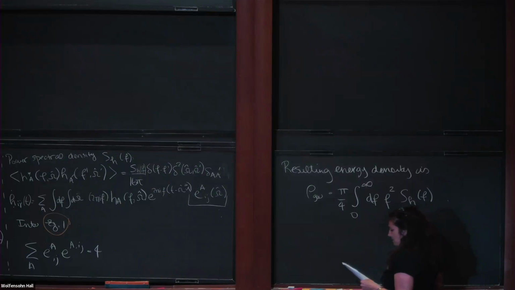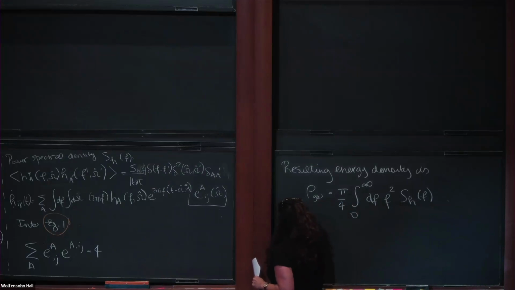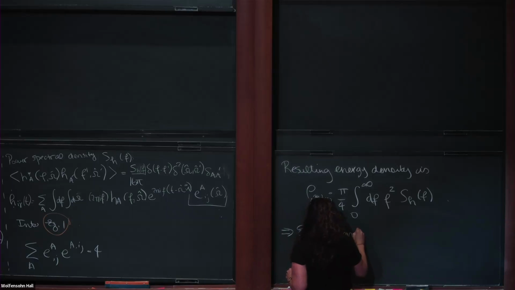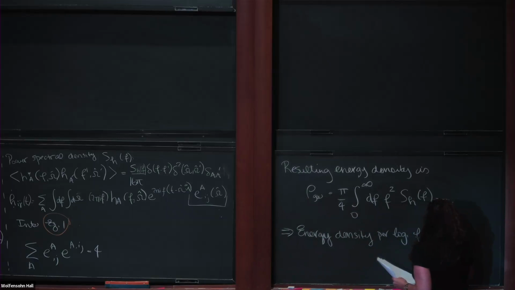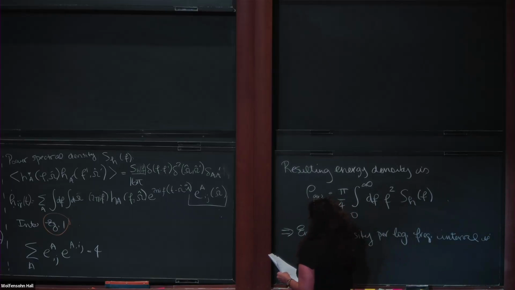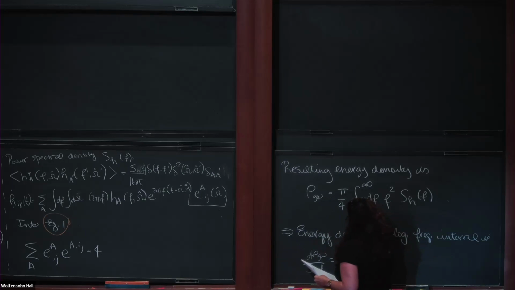And we're almost there. That means that the energy density per logarithmic frequency interval is d rho_GW by d log f, and that's equal to f times d rho_GW by df.